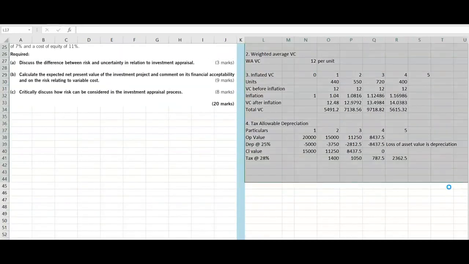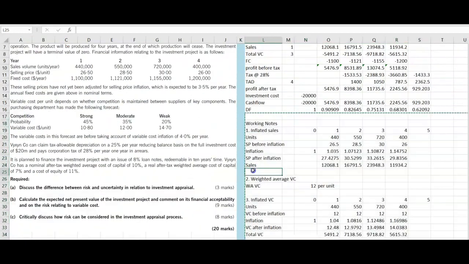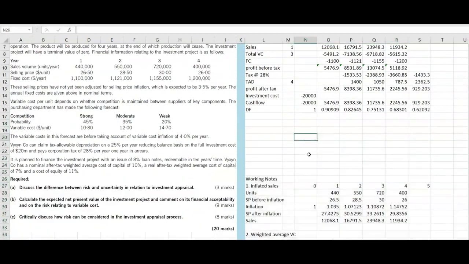We have done a lot of working, so we'll push all those workings down so that they are neat. Now we can find out the discounted cash flow. Very simple: cash flow into the discount factor. We got the number. Do it for all the years. We got all the numbers.